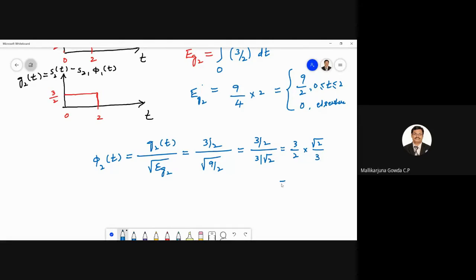Which is nothing but 1 by root 2. So this is my phi 2 of t. For what interval will it be 1 by root 2? When t is from 0 to 2, it is 1 by root 2 and it will be 0 elsewhere.